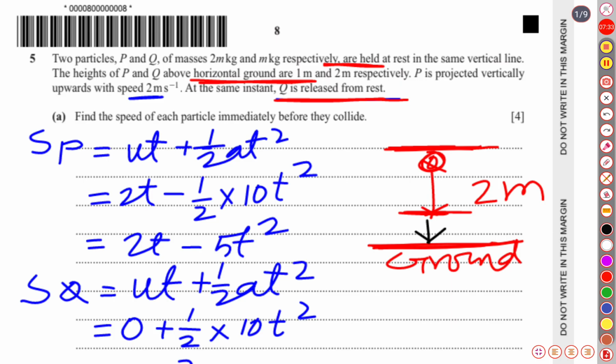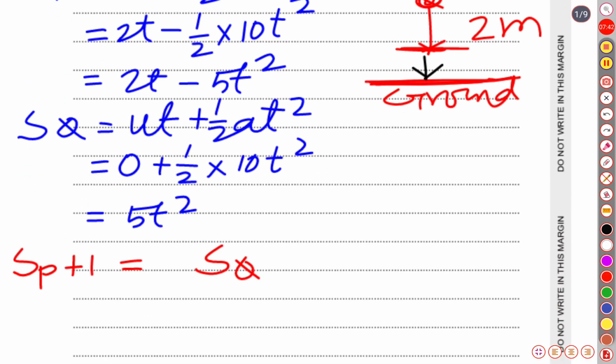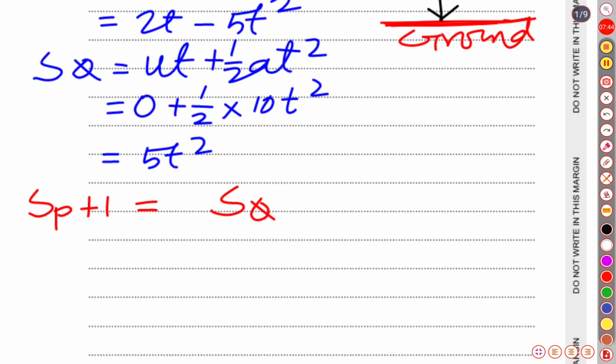So for Q the height will be 2 meters minus the traveled distance. For Q it is not to be added, it is to be subtracted from 2, because Q was moving downward. So 2 minus SQ, because our concept is that the height of each of the particles from the ground will be the same.